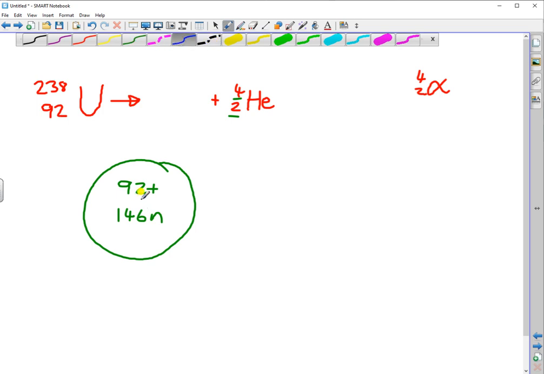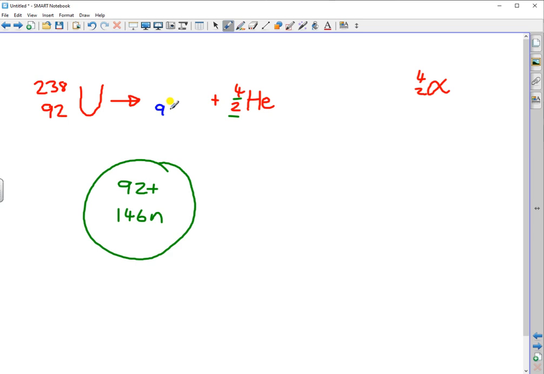Now, if you think about it, it's lost 2 protons, so we look on the periodic table. Now, on the periodic table, and you'll be given this, by the way, you won't need to find it, it would be thorium, and you wouldn't know that, you'd be given it, okay? So thorium, and the number on the top, so if we've lost 4 things from the nucleus, it would be 2, 3, 4.